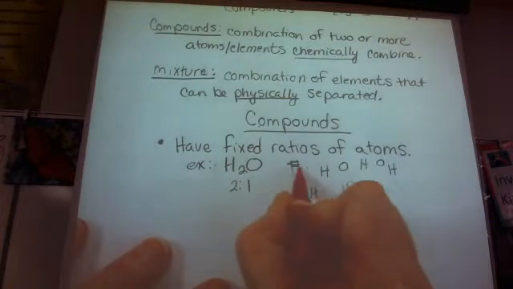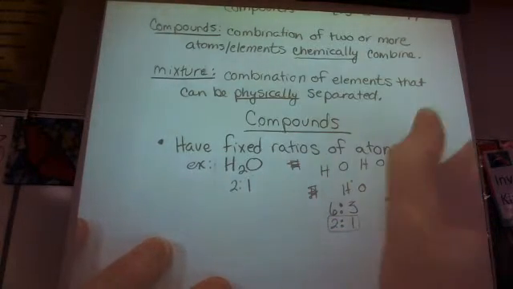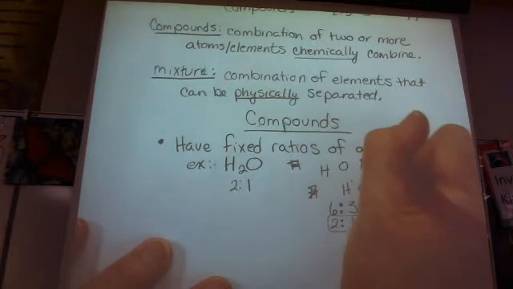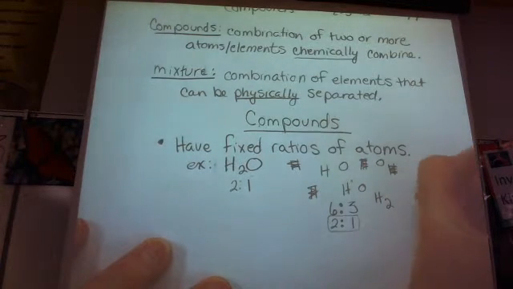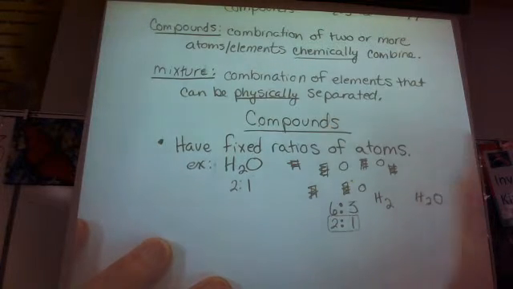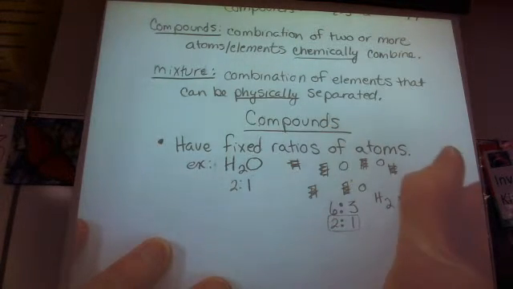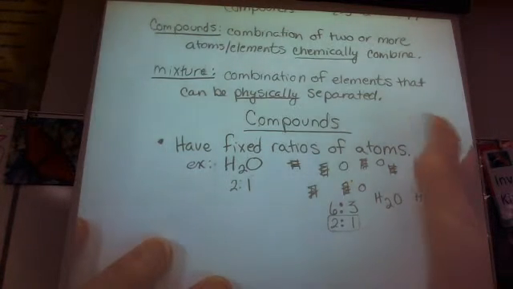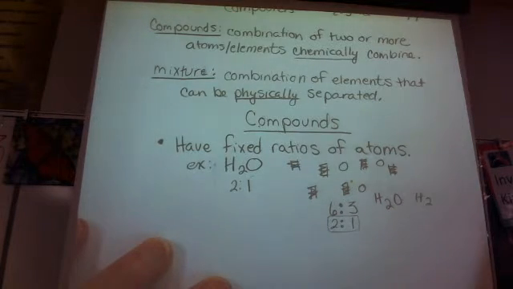So we'll take out these 2 hydrogens, set them aside. Take out these 2 hydrogens, set them aside. And the last 2 hydrogens, set them aside. Take that oxygen, put it here. Oh, I did that wrong. Sorry. I got ahead of myself. That last set of hydrogens right here.